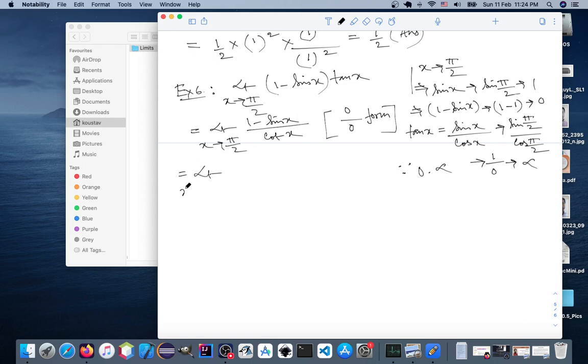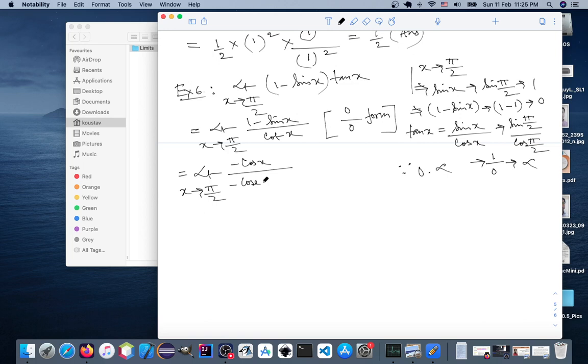So we get x tends to pi by 2, differentiate 1 minus sin x, we get minus cos x. Differentiate cot x, we get minus cosec square x.